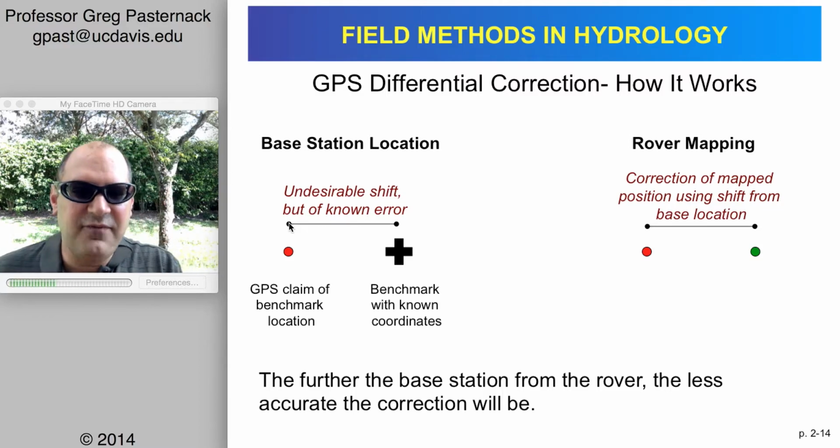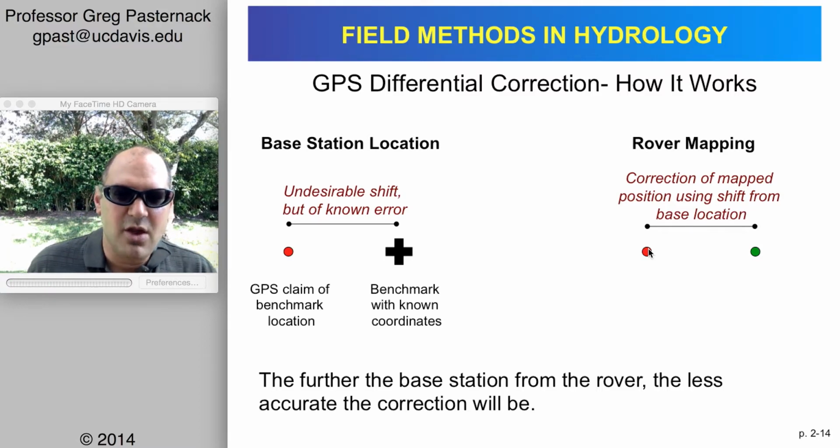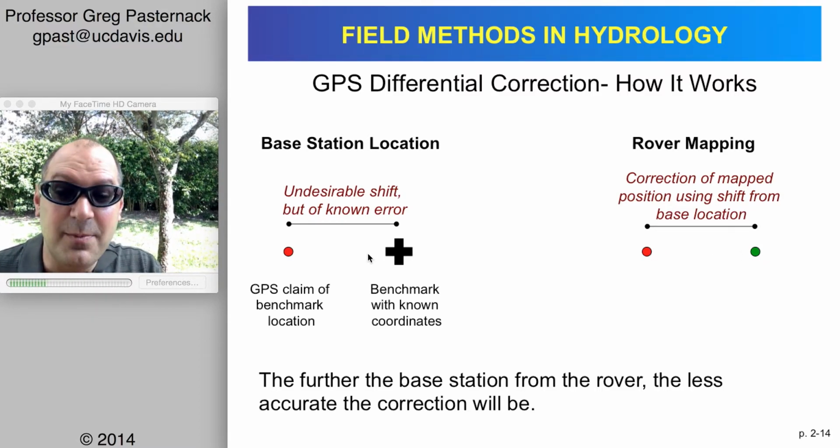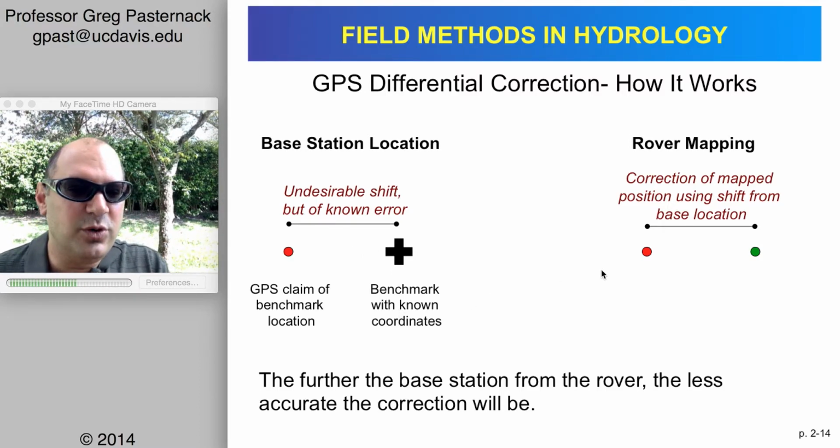Now imagine if at the same time one of our buddies was out with another instrument and they're standing at this green point. They take their measurement, but they say, no, you're over here. Well, in the field, we don't know that we're wrong. At the base station we know because we're told already what it is. In the field, we're trying to find out the coordinates at this green point, but we're given this red point.